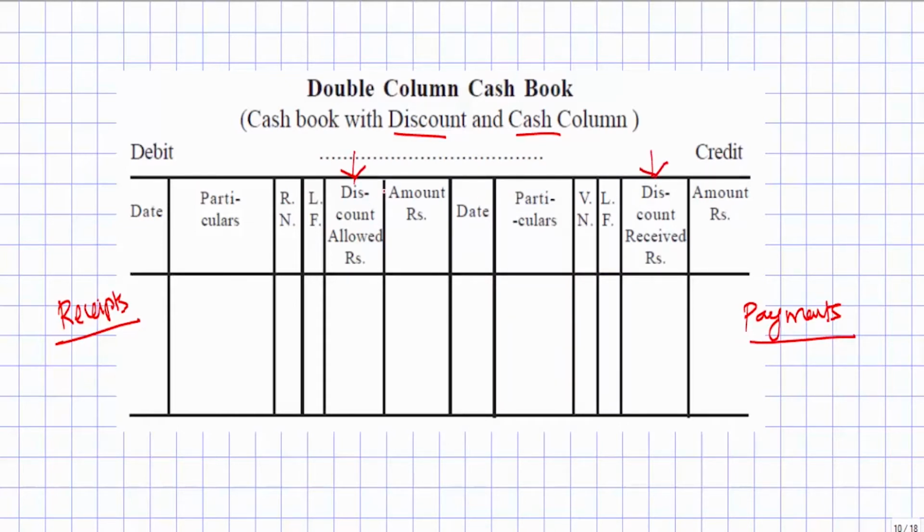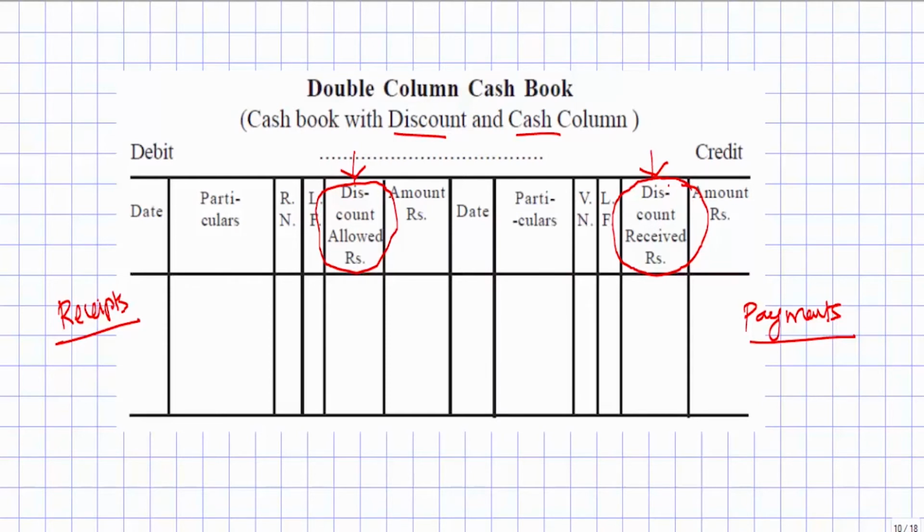That is, on the debit side you will have a column for a discount that is allowed, because when you receive money and when you allow the discount you are going to receive less, so that would get captured here. Discount allowed is shown on the debit side, and when you pay money, when you receive discount, that is shown on the credit side.